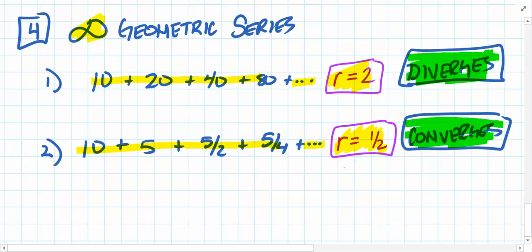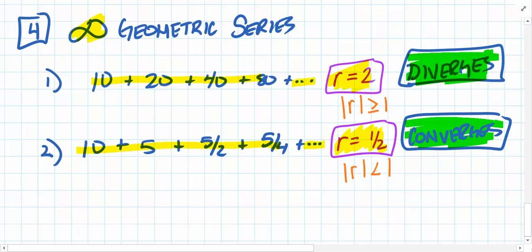If it's divergent, then the absolute value of R is going to be greater than or equal to 1. It does not have a finite sum. It'll diverge off.